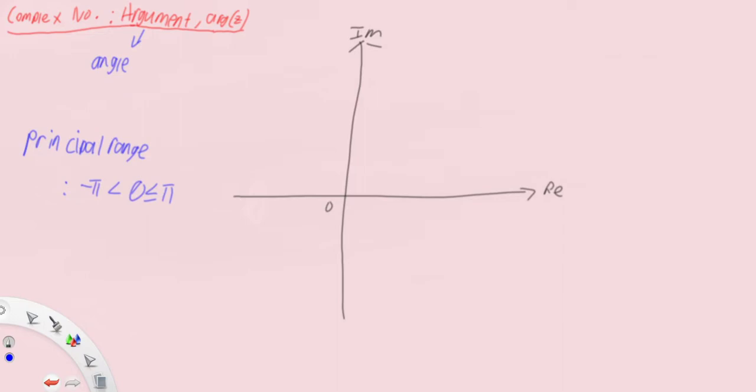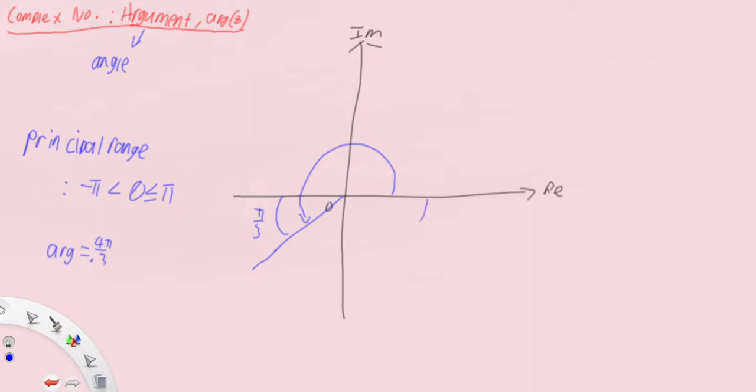Let's say you calculate an argument to be 4 pi over 3. You know that it's over here. If you measure from the clockwise direction, you're going to end up here, which gives an angle of pi over 3. Then the argument of this complex number is not in the principal range, so what can you do?